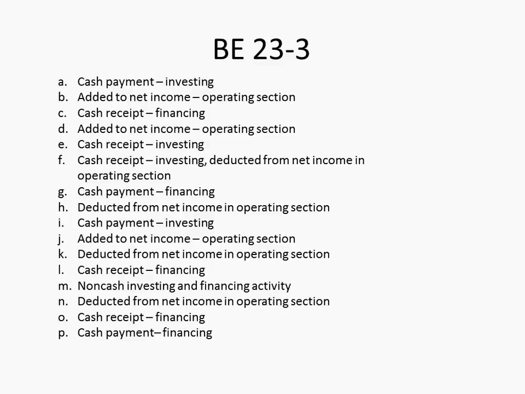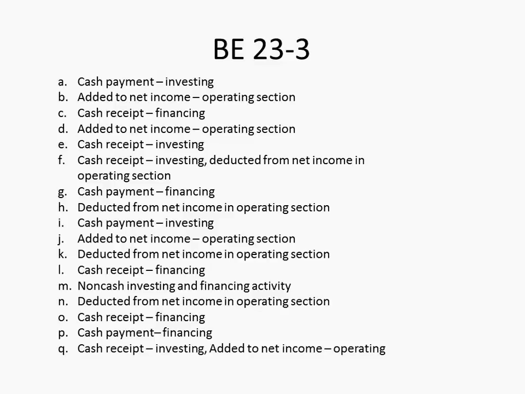Letter Q. Okay, let's see if we learn. Sale of equipment at a loss. It's going to be an A. We're going to add to net income the operating. And then also, excellent. You got it.